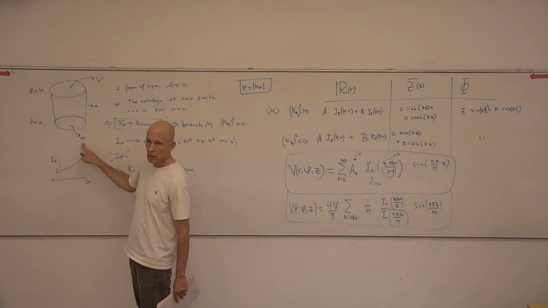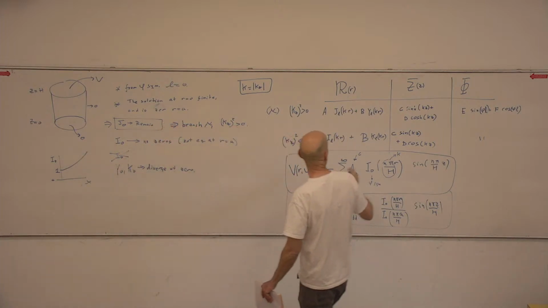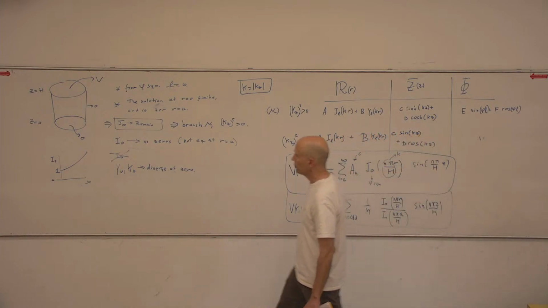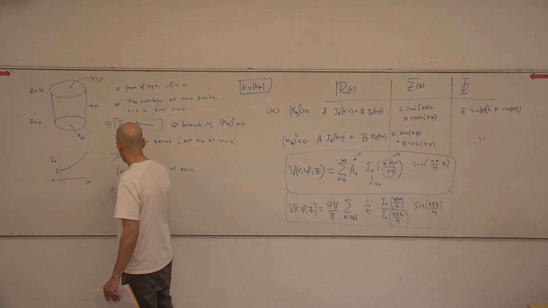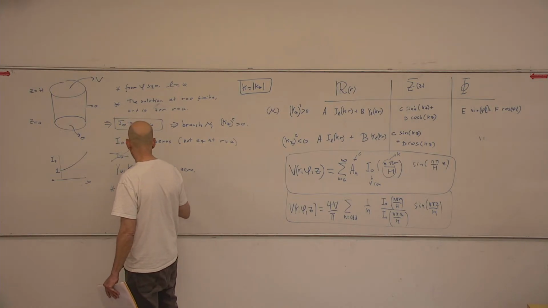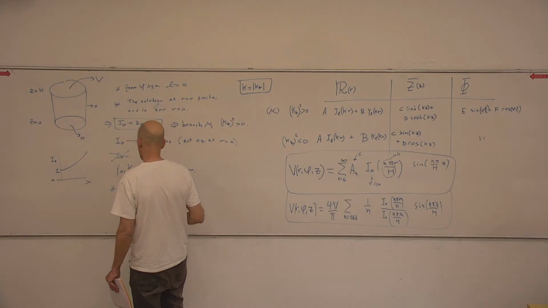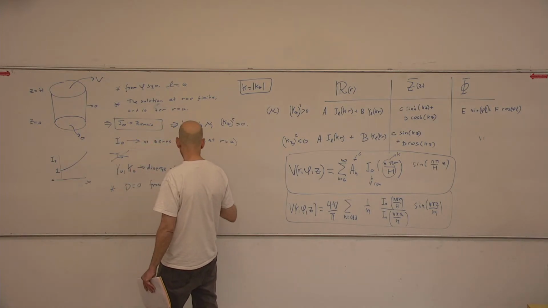You see this? Then, okay, I'm happy with C, but D has to be 0. D is equal to 0 from the boundary condition on the bottom of the can.